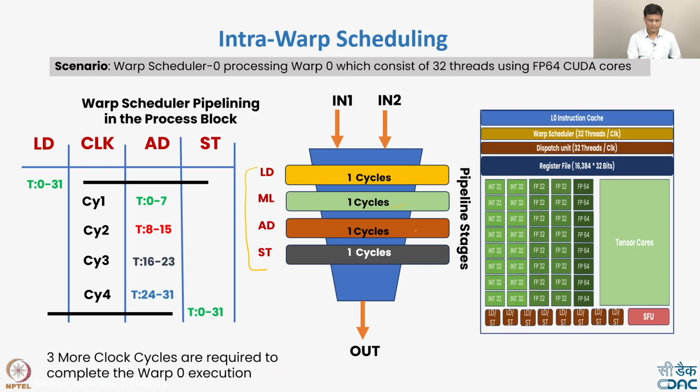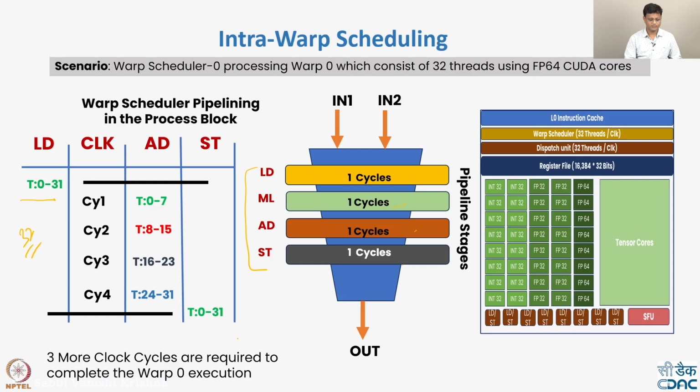So, at one stage, one warp which has threads 0 to 31 has been loaded. The 32 threads' data is loaded and available in the register file, and I am assuming that all the threads have to use the FP64 compute cores.